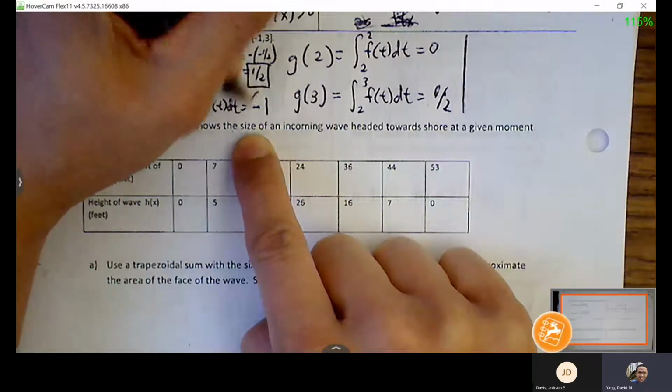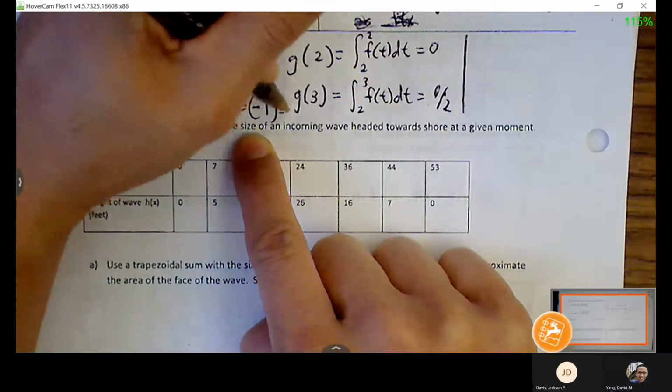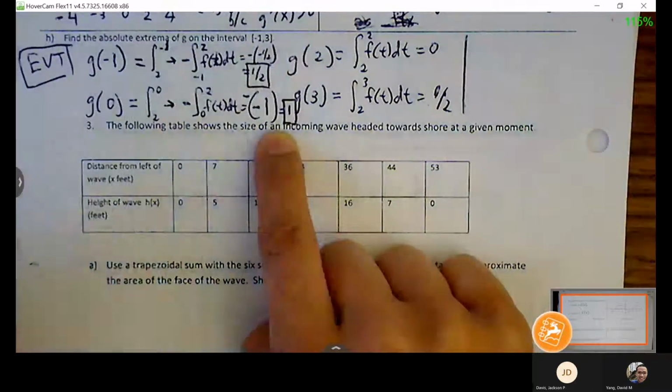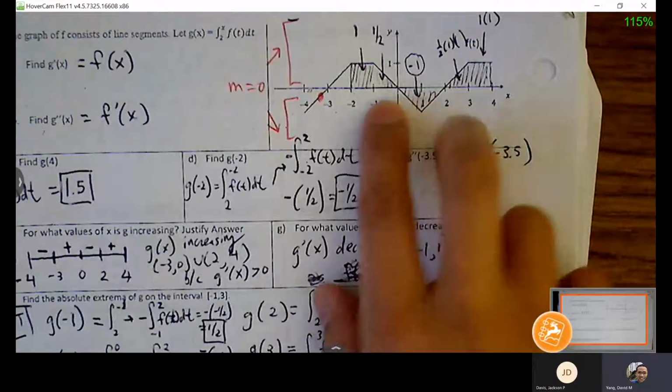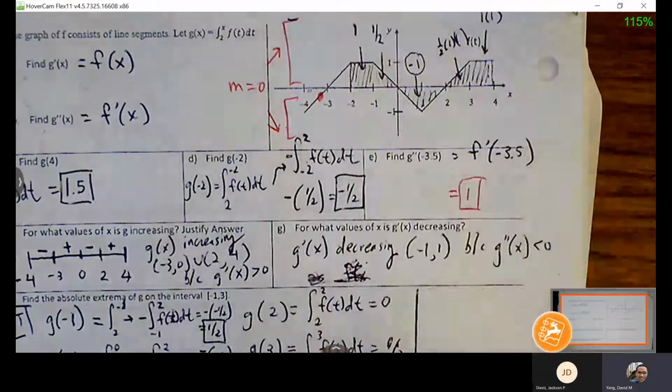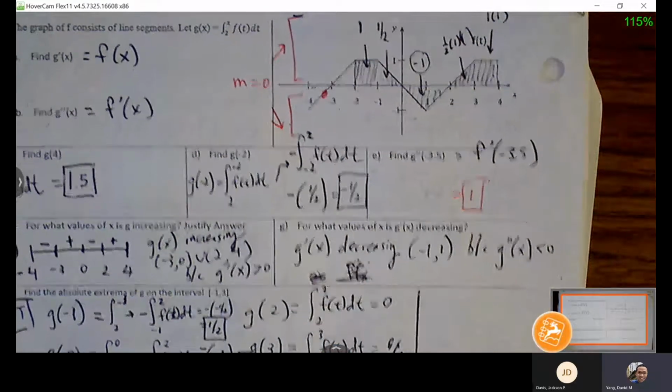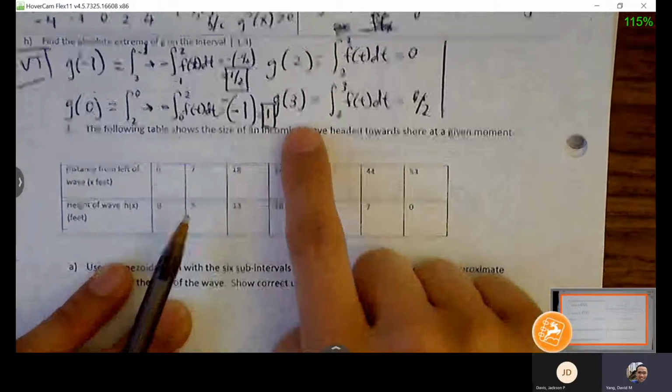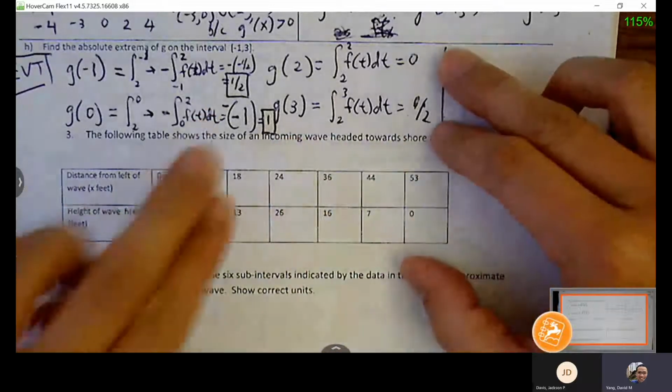So again, from 2 to 0, from 0 to 2, the area is -1, but because I flipped the bounds, I had to change the sign to positive 1.